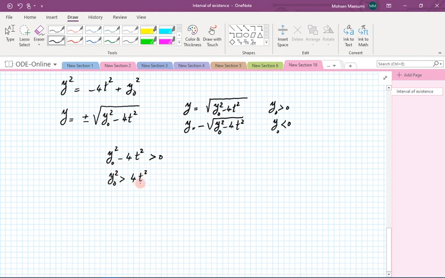So what is the maximum value t can be? t can be as large as y0, but we have to be careful about distinguishing between positive and negative cases. So t becomes as large as the absolute value of y0, I have to divide by 4 and take the square root, and as low as negative of that.